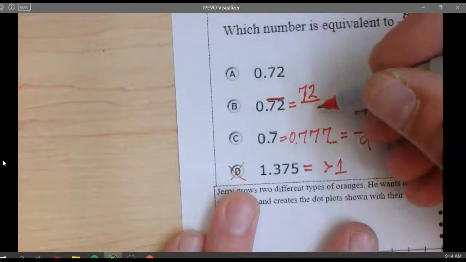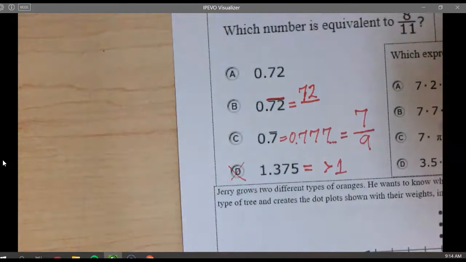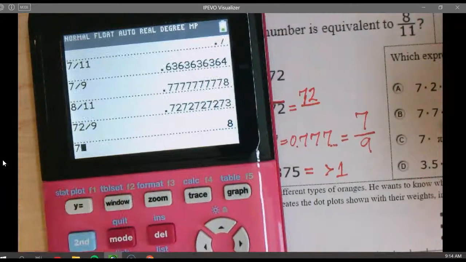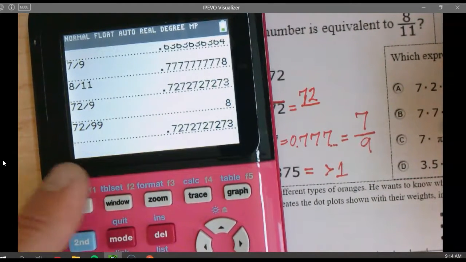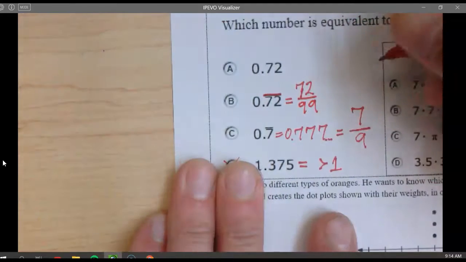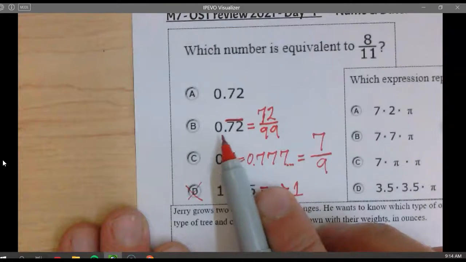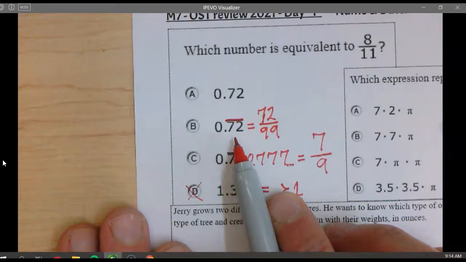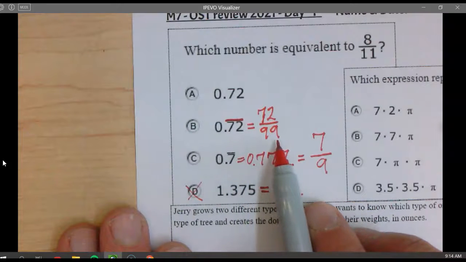Would 72 just go over 9? Not just 90, right? Yeah! 72 over 99. So guys, if 2 digits repeat, there are 2 9s on bottom.